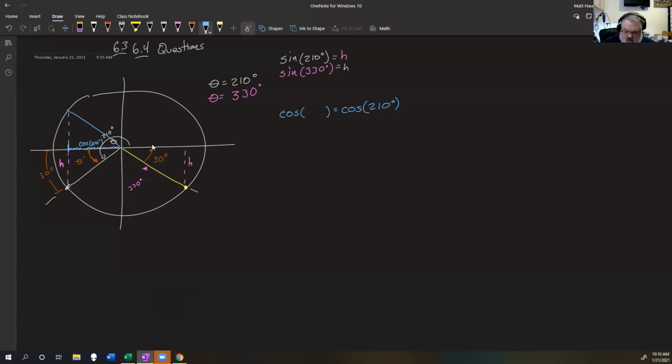So again, we want to figure out what this blue angle is. And all we know is it has to be symmetric to this 30-degree reference angle. Well, that means that this angle here has to be 30 degrees. Thus, what's that blue angle? 150 degrees.